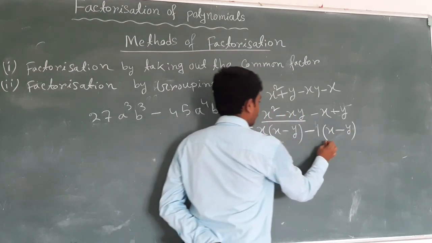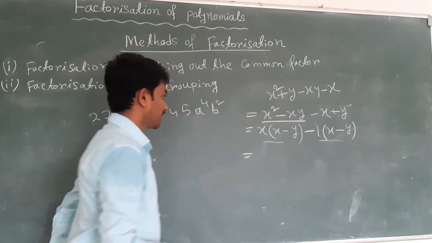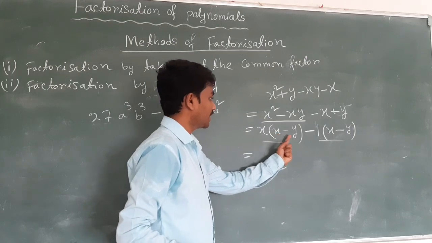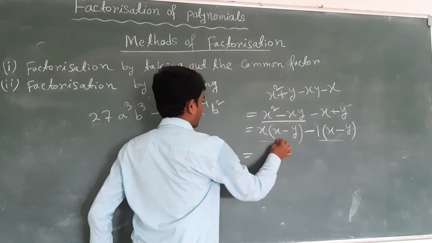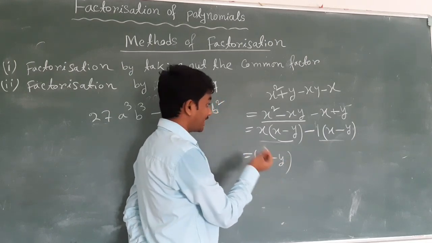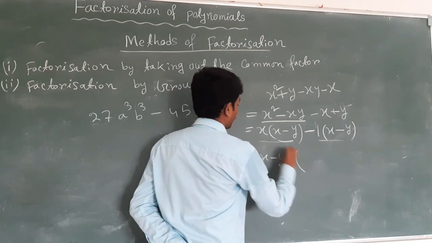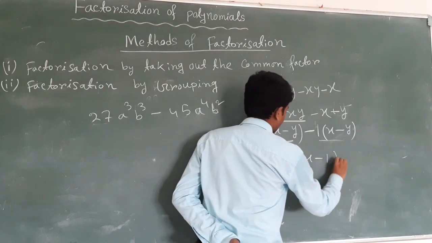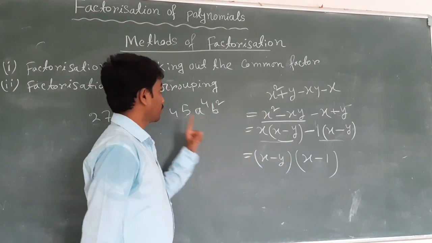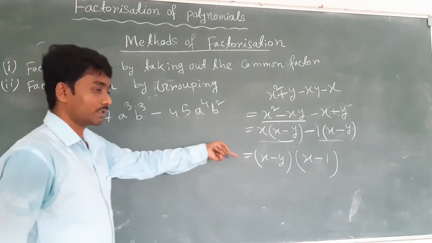From these two terms, we can take out a common expression, that is x minus 1. So x minus y is taken out as a common factor. So x minus 1. And this method is called factorizing by grouping.